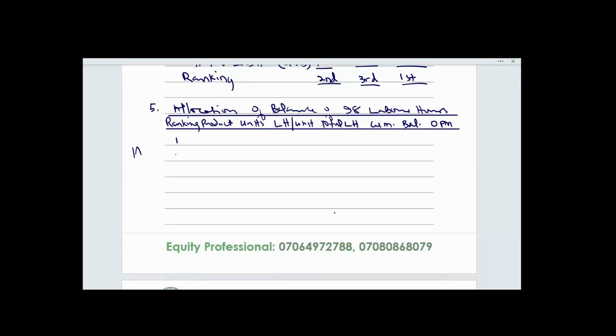The first ranking, second and third ranking. We can see optimal product mix is very interesting. Just understand the format, the procedures, and you are good to go.